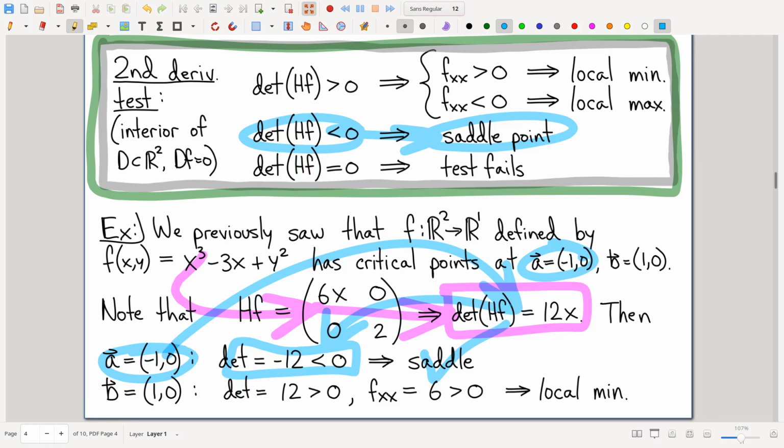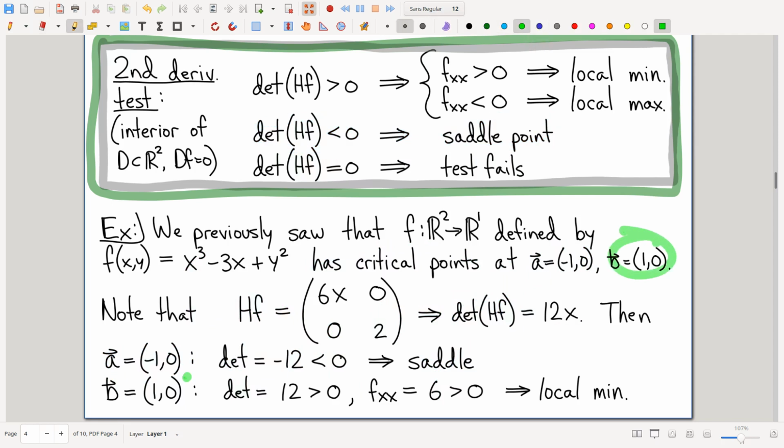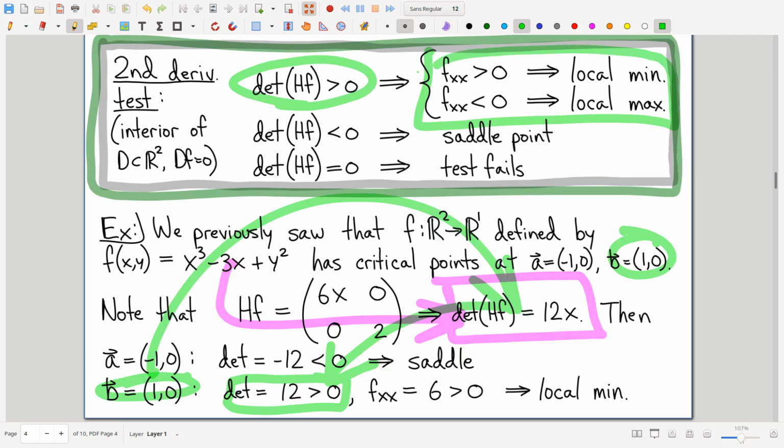Everybody good? All right, let's look at the second one. We will look at (1, 0). Again, we don't have to reproduce the calculation, but we still have this formula for the Hessian determinant. And at (1, 0), you plug that in. It is a positive Hessian determinant. Positive means I've got more work to do. Positive means I've got to decide about that second partial with respect to x.